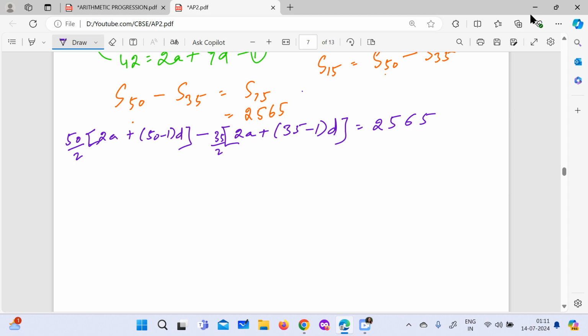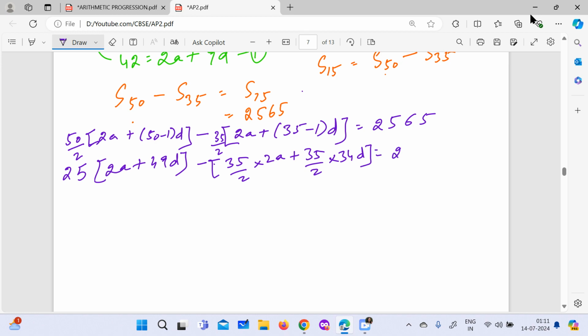So here you will get 25 times 2a plus 49d, and here you get 35 over 2 into 2a plus 35 over 2 into 34d, that is equal to 2565. So you have here 50a plus 25 into 49, which gives you 1225d.